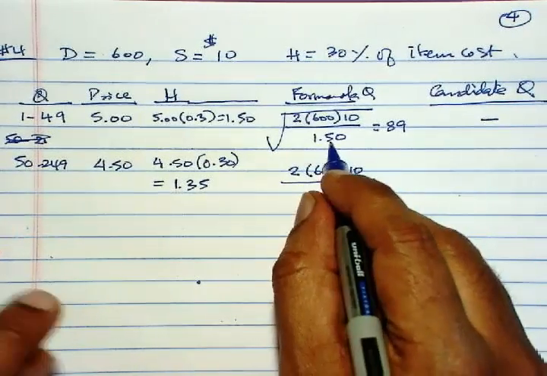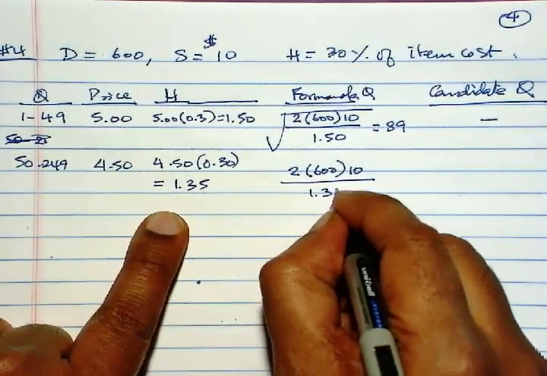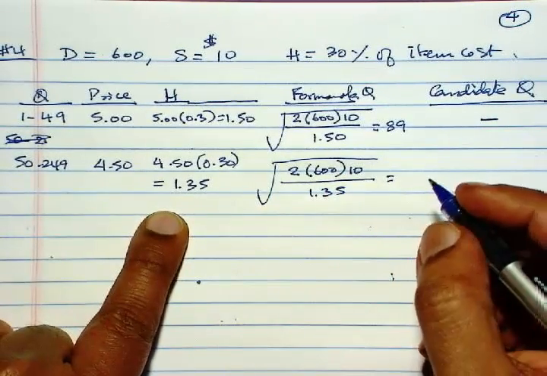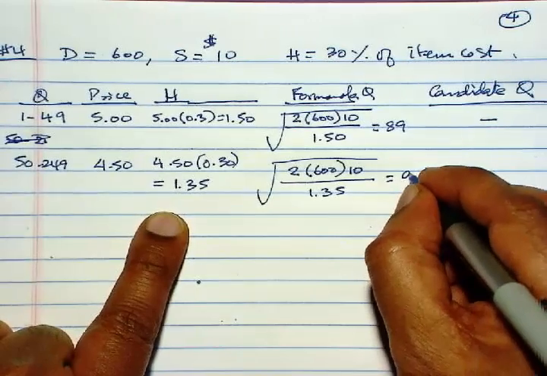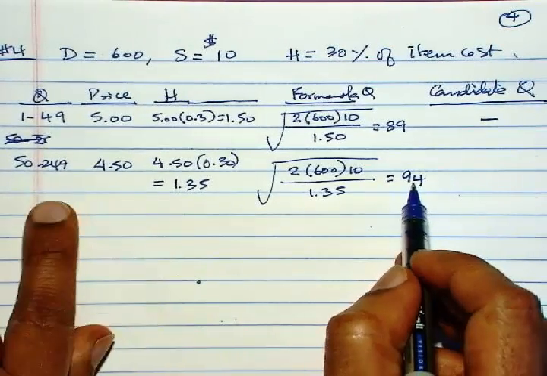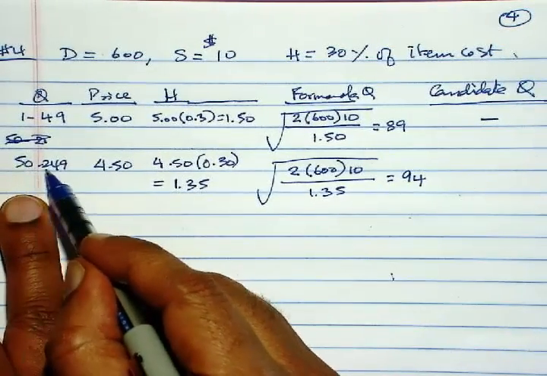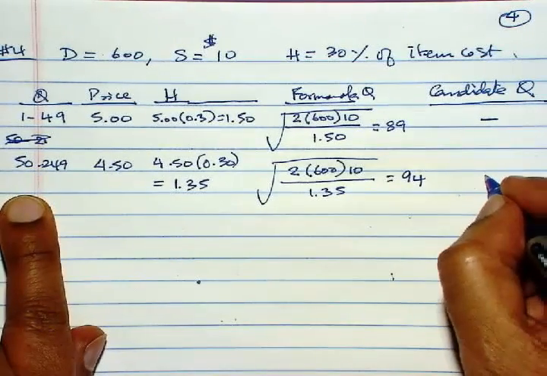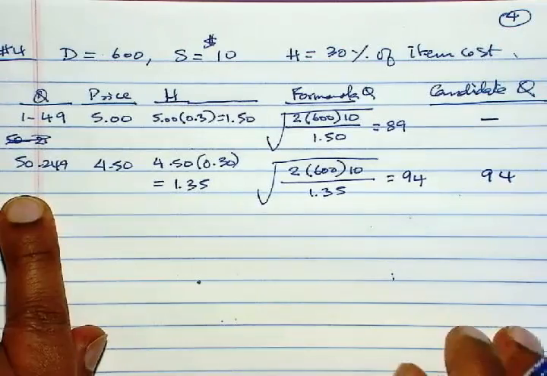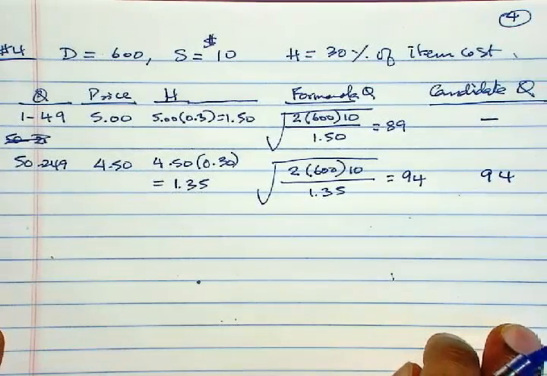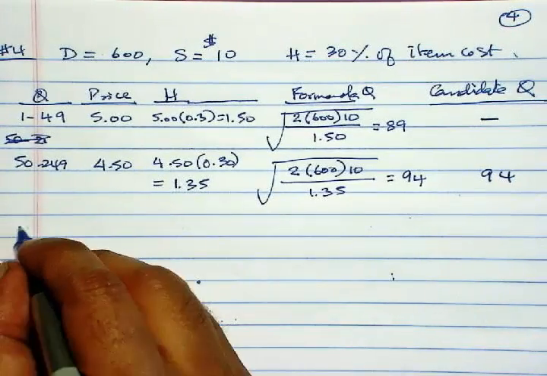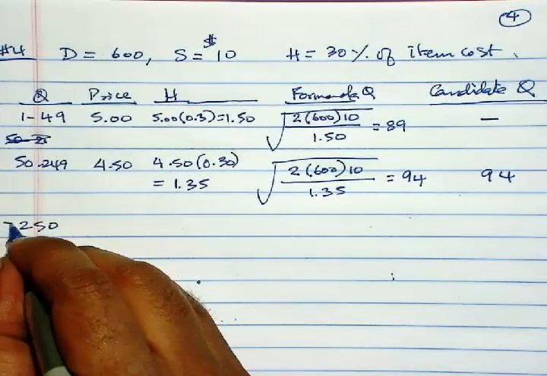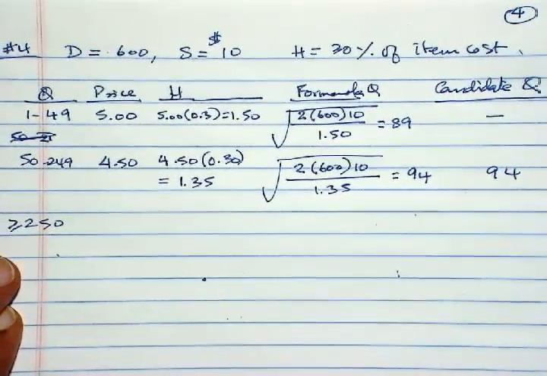Now this time you divide by 1.35, and that gives us 94. And since 94 is right within the range valid for this price, we need to keep the candidate as just 94, no change.